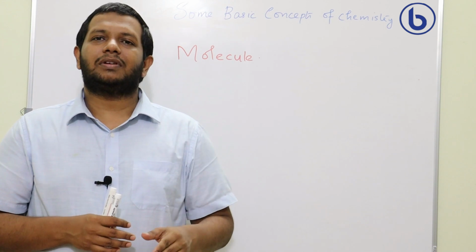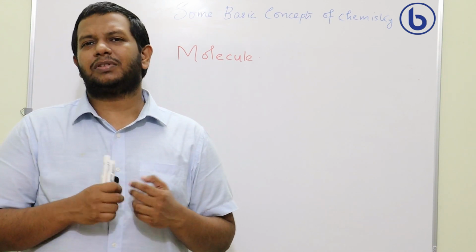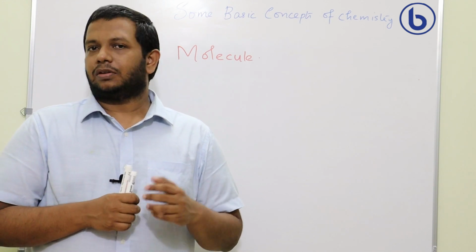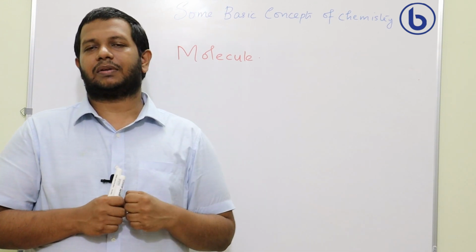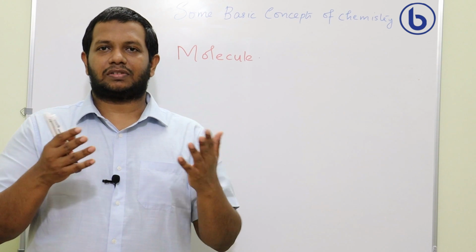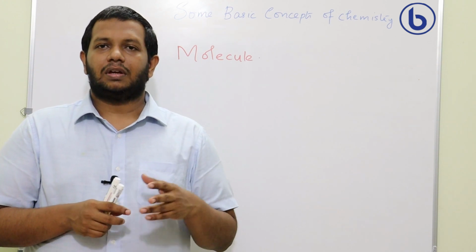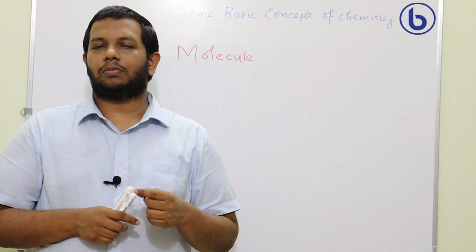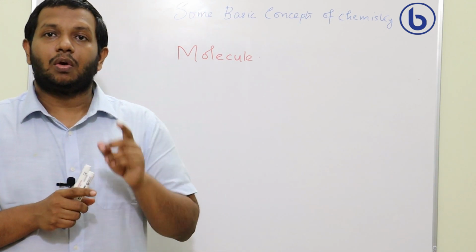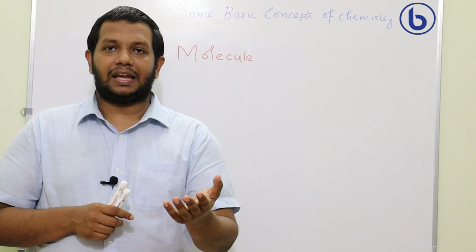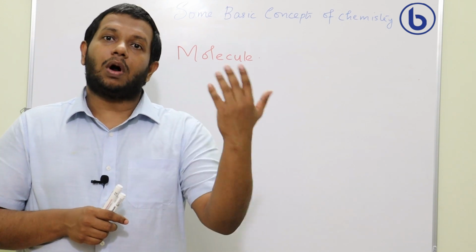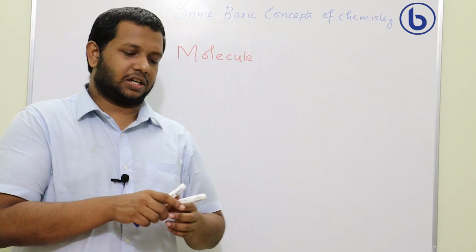For some elements, they may not exist as an atom because it may not be the stable form. To get stability, it will try to attract 8 electrons or 2 electrons. For example, a hydrogen atom will follow the duplet rule. But each hydrogen atom has only 1 electron, correct? So what should it do? It will share one more electron with another hydrogen atom.